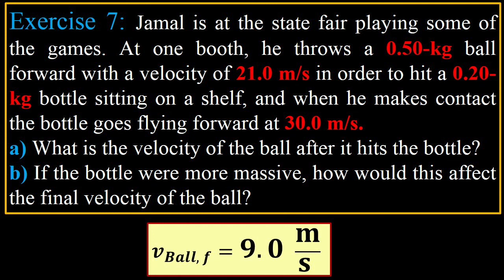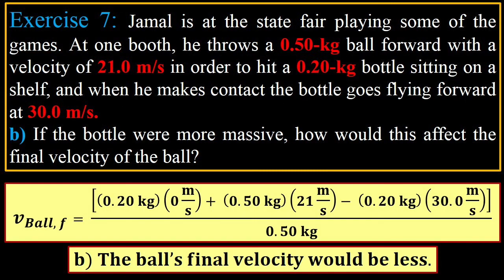Now, part B says, if the bottle were more massive, how would this affect the final velocity of the ball? Well, let's go back and look at the equation. It's probably simplest to do that. Look at the far right hand side where it says minus 0.2 kilograms times 30.